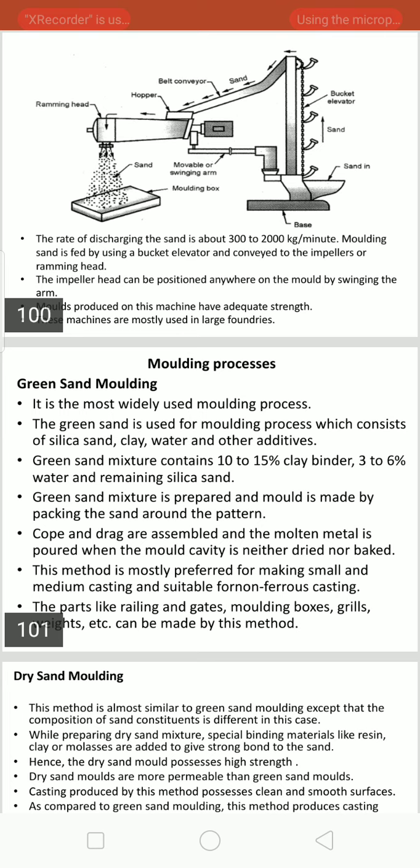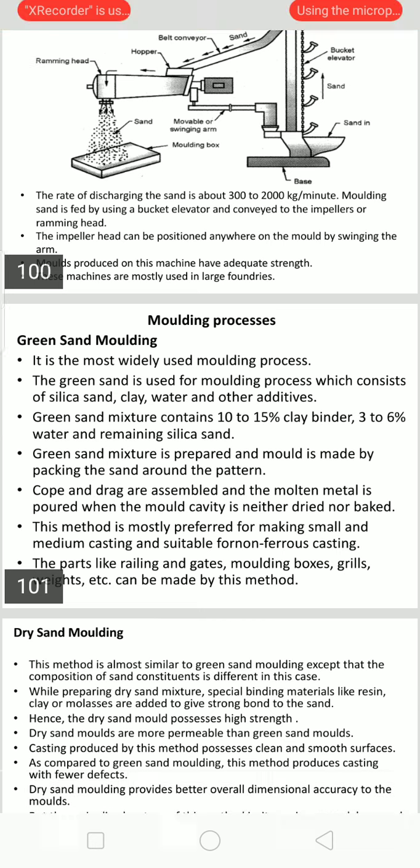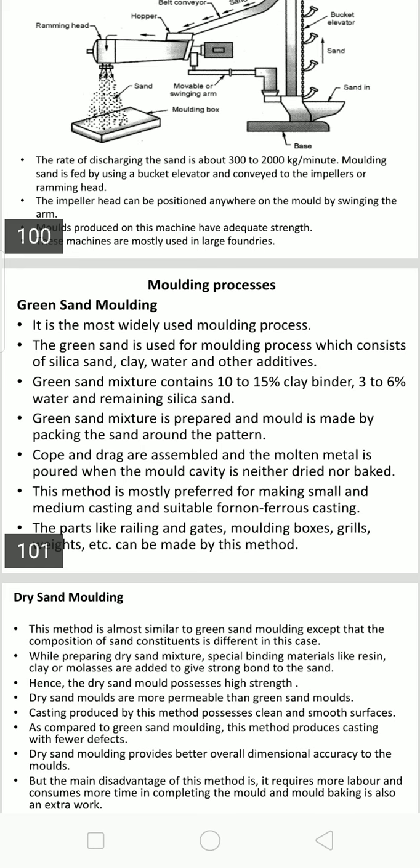Among those, green sand molding is the most widely used molding process. Green sand consists of silica sand, clay, water, and other additives. The green sand mixture contains 10 to 15% clay binder, 3 to 6% water, and the remaining silica sand.